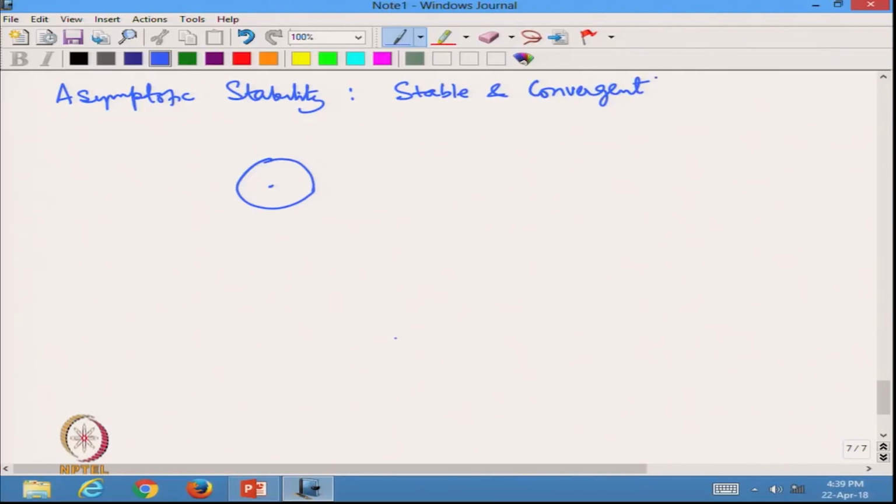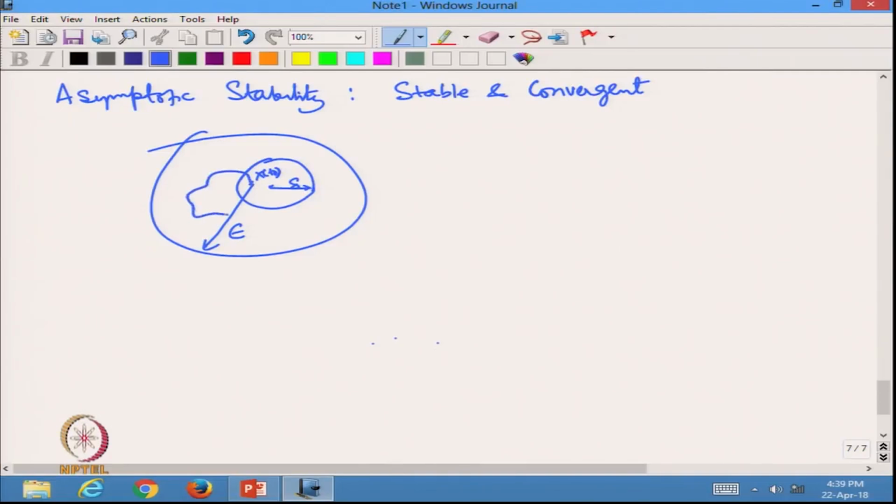Assume that the state trajectories start somewhere inside this delta ball, and for all epsilon you could find a delta such that if you start within delta, then you stay within epsilon for all future time. In addition, these trajectories as t goes to infinity would converge to the equilibrium point.